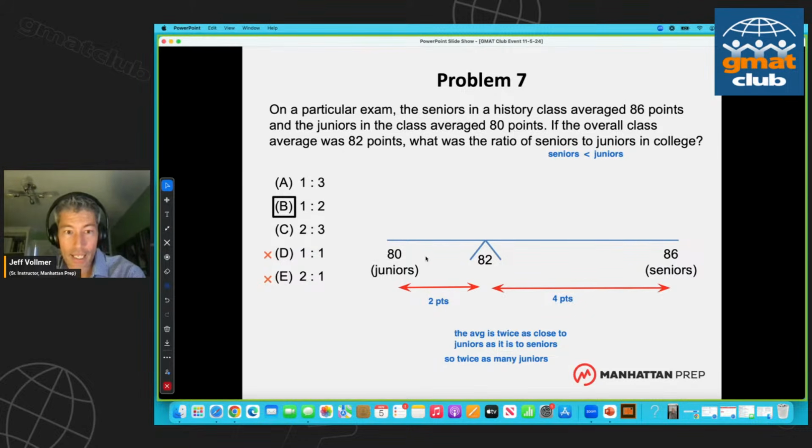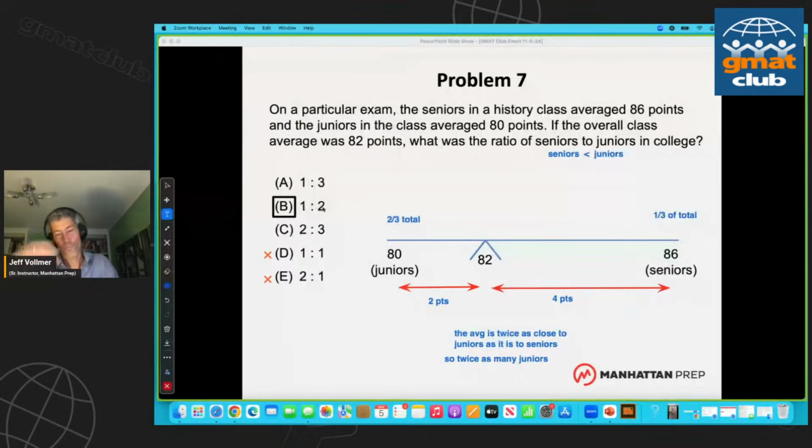Another way to think of that is to say, in the total span from 80 to 86, that's a distance of 6 points. The average falls a third of the way from the 80 to the 86. So the seniors should make up a third of the total, and the juniors should make up the remaining 2/3 of the total. And 1/3 to 2/3 is the same as 1 to 2. That's the way to think about it.